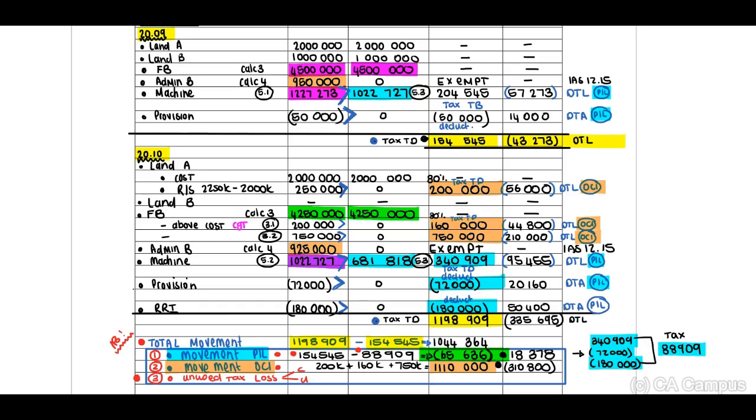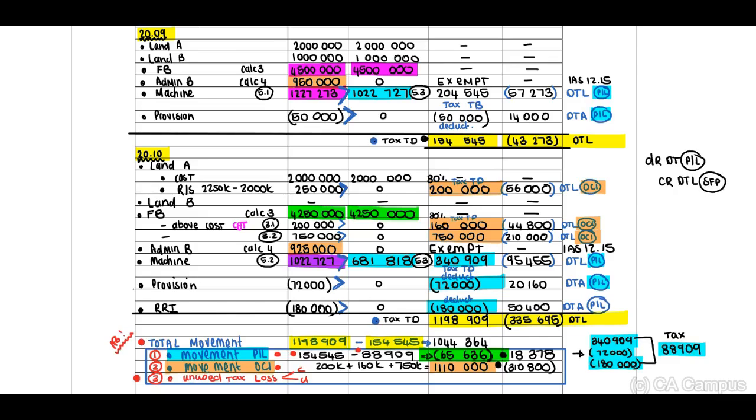Remember, this is a liability. Therefore, this is an increase in our liability. An increase in our liability, journal entry will be to debit your deferred tax in your profit and loss and to credit your deferred tax liability in your statement of financial position.